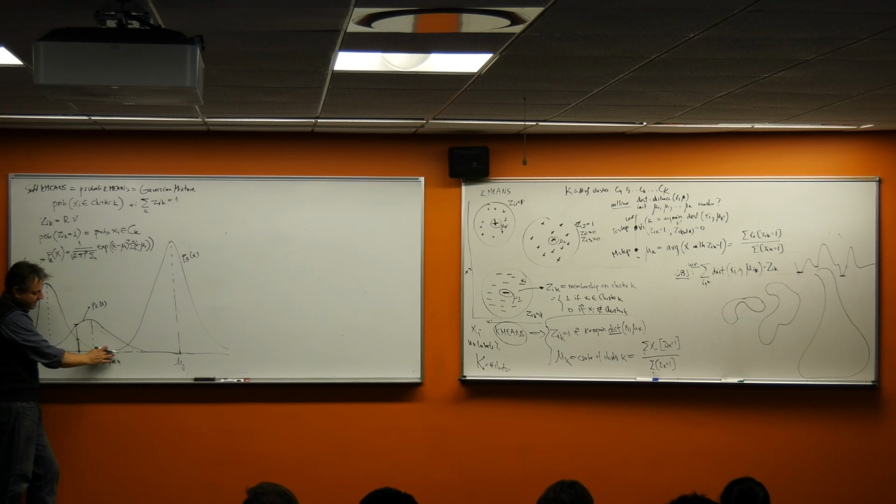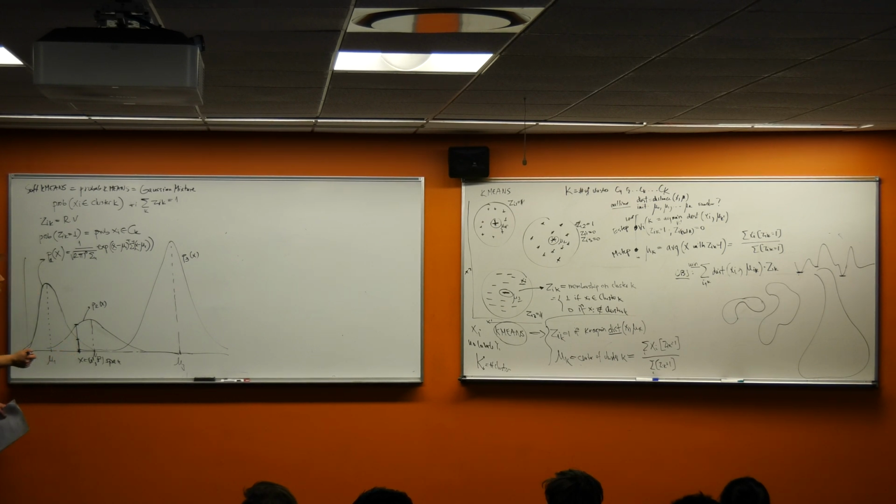And there is, of course, a very, very small probability that it's coming from the third Gaussian. So I'm looking at a point. It's not 1 or 0. It's either from here or from here or from here. And how do I resolve this?